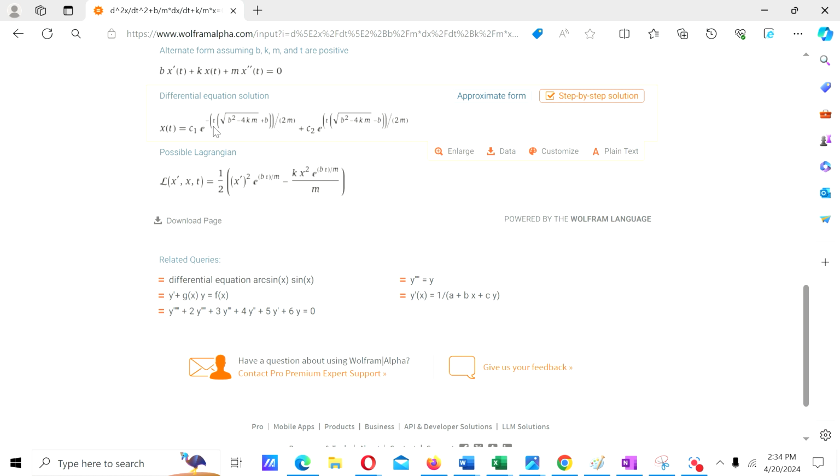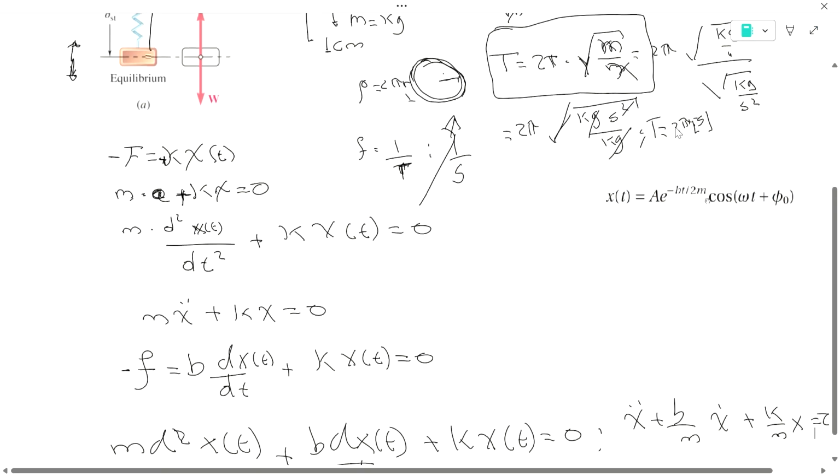So instead of being cosine and sine, it's an exponential. All right, so that is why I have it down here. So say a is the constant, and you have b t divided by 2m.